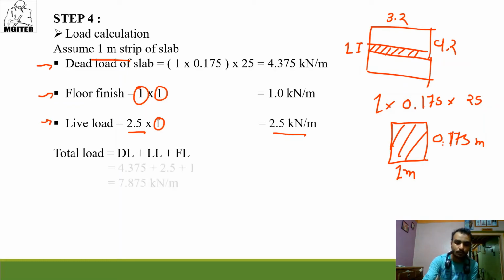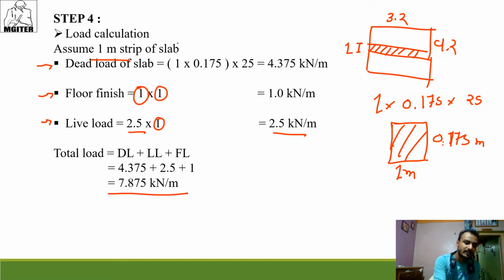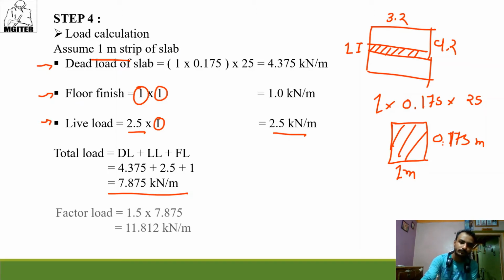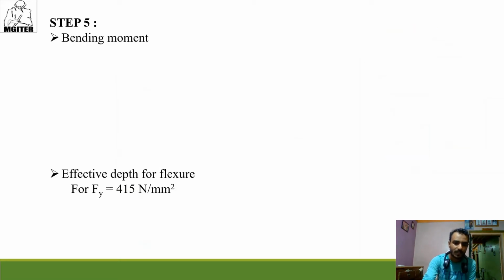So we find the total load: dead load, live load plus floor finish. So we got the total load as 7.875 kilonewton per meter. Then after, we have to find out the factored load. So this is the total load, and we have to find the factored load. Factored load is 1.5 into 7.875. So the factored load is 11.812 kilonewton per meter.